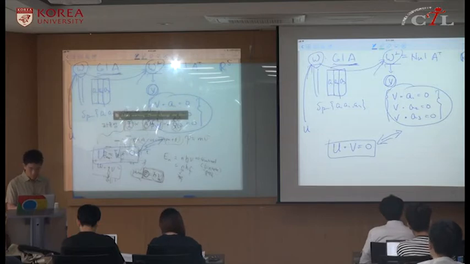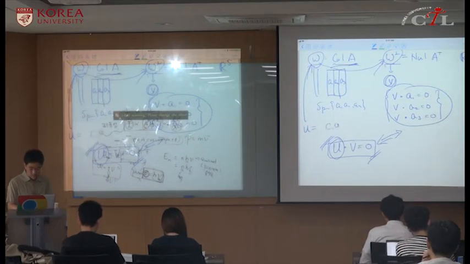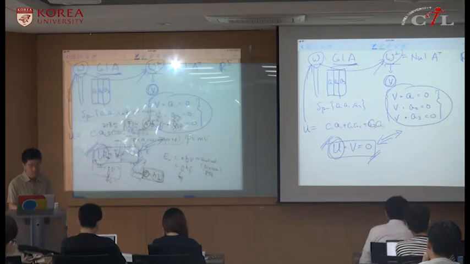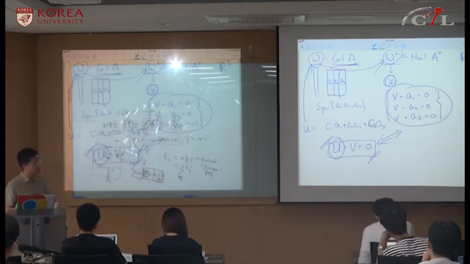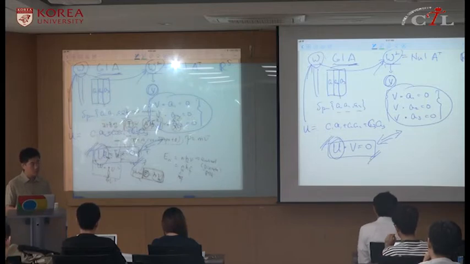If we want to satisfy this equation, U is any vector from W. So U can be represented as some linear combination of c1 a1, c2 a2, plus c3 a3, right?